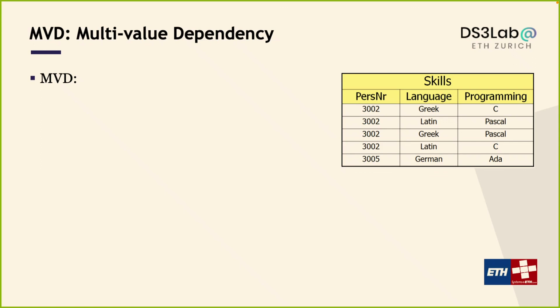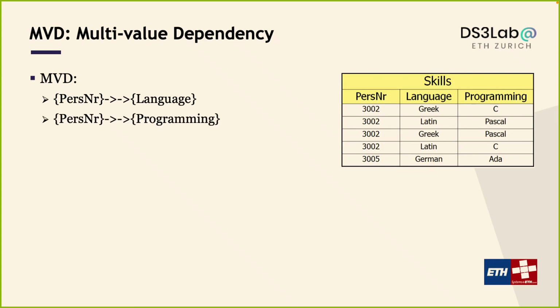So in this case, there's a multivalued dependency from person to language, which means that conditioned on person, language and all the other attributes, which is programming language, are independent of each other. And then you also have a multivalued dependency from the person to the programming language. So these are the two multivalued dependencies that you have in this schema.